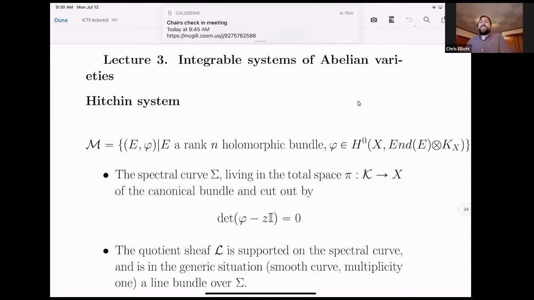Please go ahead. Okay, well, it's a very great honor and pleasure to give a talk on this day in memory of Narasimhan and Seshadri.